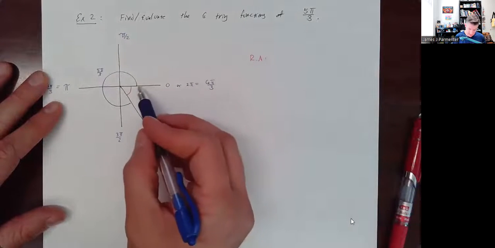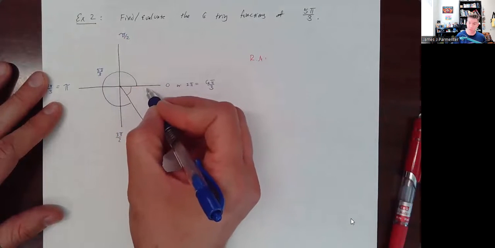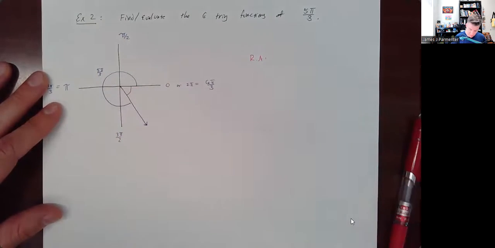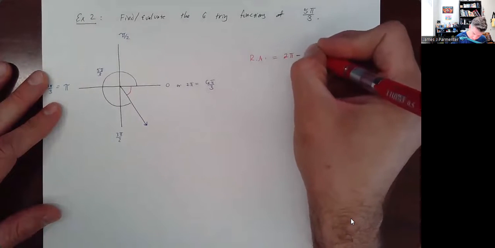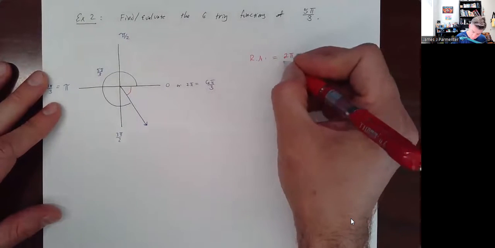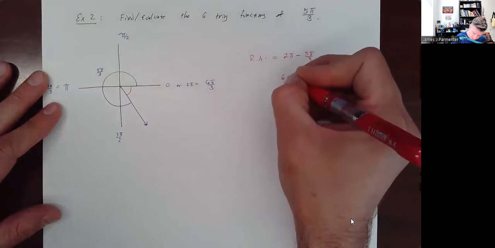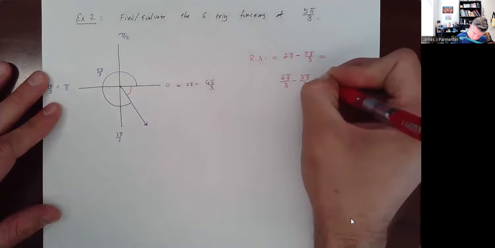And the closest x-axis is the positive x-axis. And if I've gone almost all the way around, I've gone almost all the way to 2 pi, which is 6 pi over 3. So my reference angle is going to be 2 pi minus 5 pi over 3, which is equal to, I'm multiplying 2 pi over 1 by 3 over 3 to get 6 pi over 3 minus 5 pi over 3, which is pi over 3.